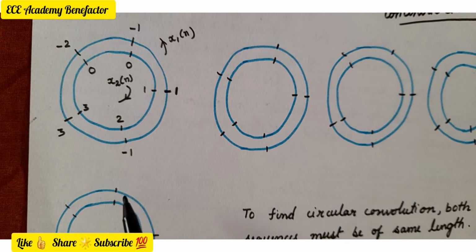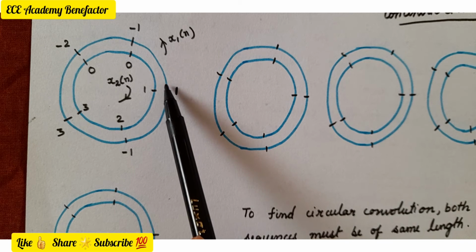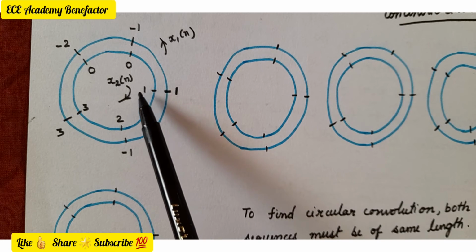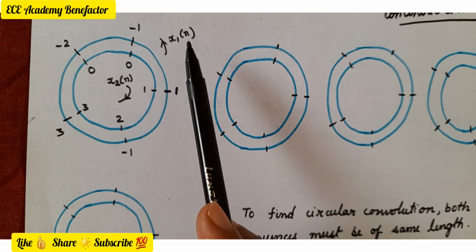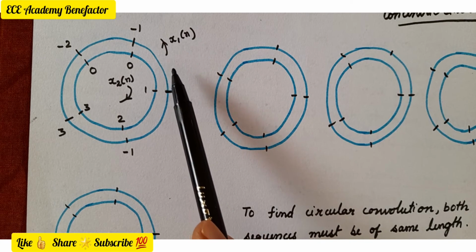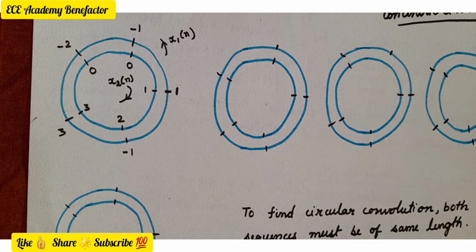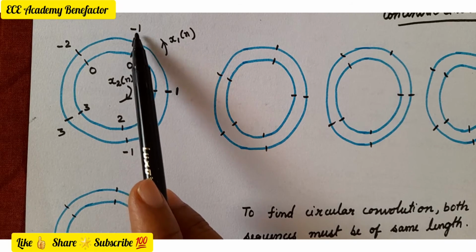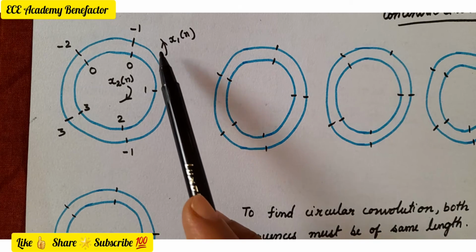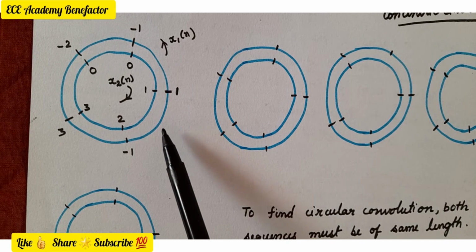In the concentric circle method, we have to draw two circles. In the outer circle, we plot x1 of n, and in the inner circle, we plot x2 of n. The x1 of n samples are plotted in the anti-clockwise direction: 1, -1, -2, 3, -1.